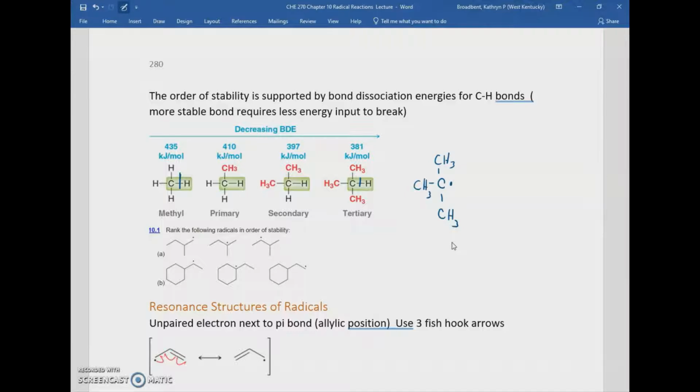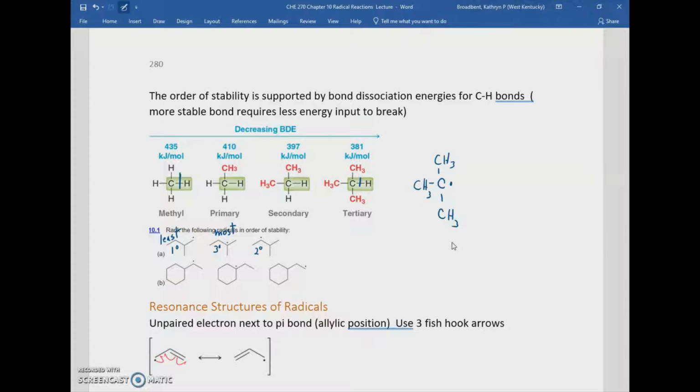We want to rank the following in order of stability. So first let's look at them, and that this one is primary, this one is tertiary, and this one is secondary. So we would expect the least stable to be this one, and we would expect the tertiary to be the most stable.